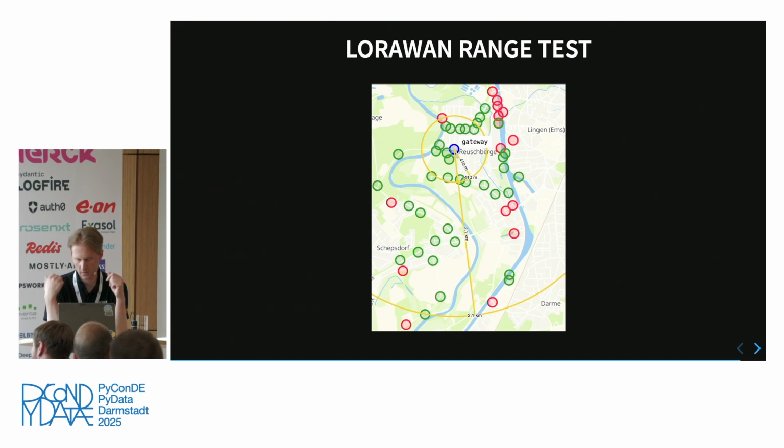But as you can see here, in the densely populated area in the north, I had a range of at least about 400 meters, while to the south, where there's more of a clear line of sight, it was even more than 2 kilometers.